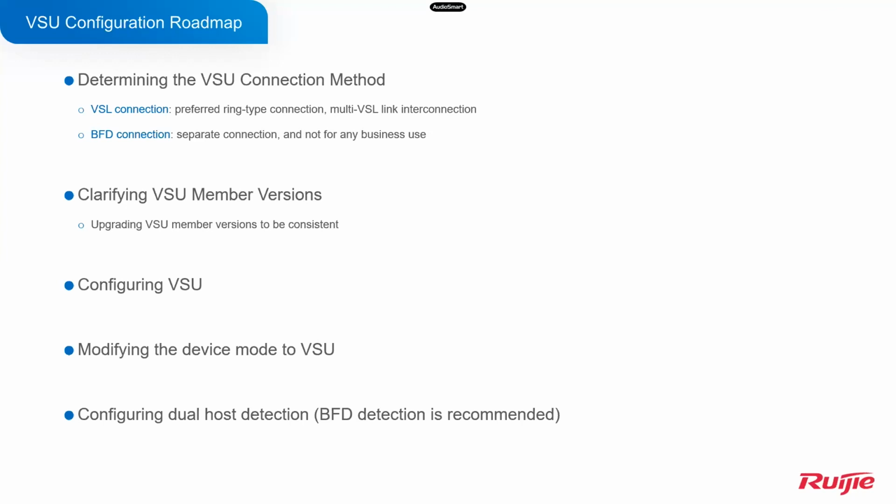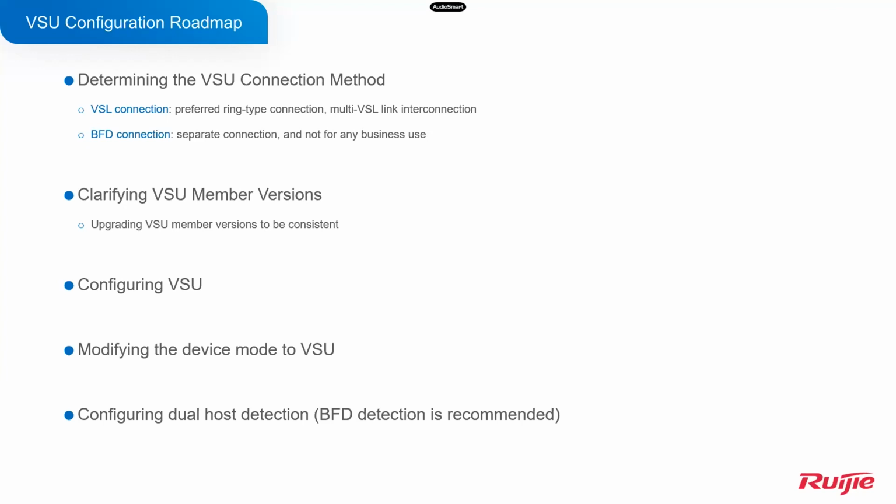VSU system. And the second one is a BFD connection. We suggest you separate the BFD connection and not use it for any business, because in the first step, we use a VSL link to connect all the network devices.